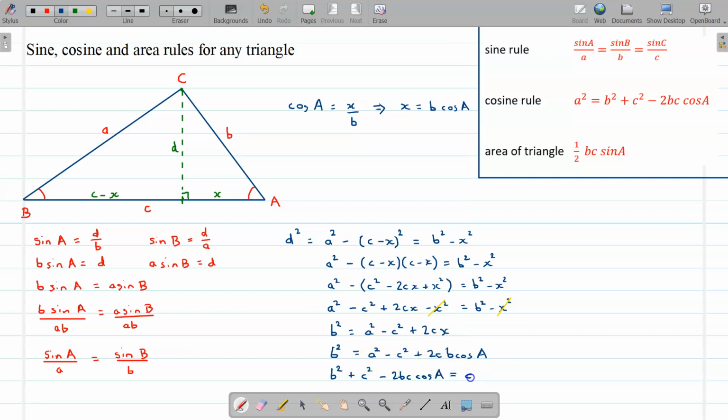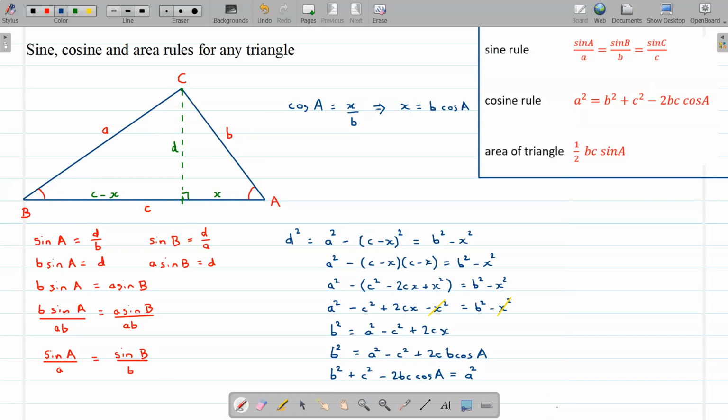Okay? And there it is, just the other way round. a squared equals b squared plus c squared minus 2bc cos A. Okay, so that's the cosine rule proved using two right angle triangles coming from our original triangle ABC.